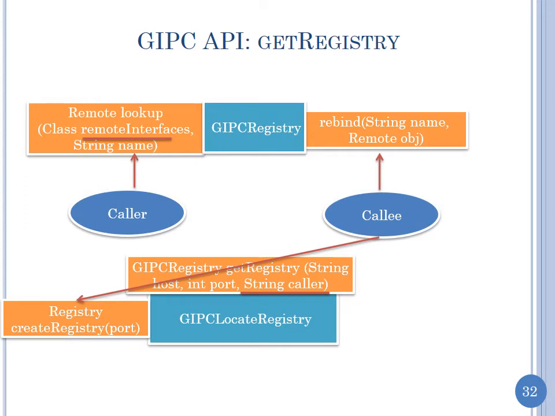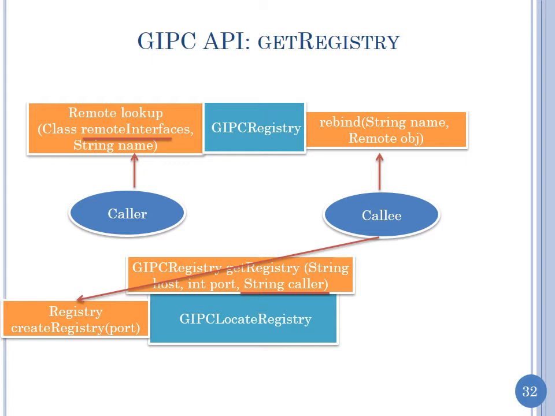So you guys have been using RMI registry, of course, as a part of RMI. And I mentioned last time that GIPC registry is a lot like RMI registry, and GIPC is a lot like RMI with a few differences. And we talked about those differences last time. But one difference that was confusing, UG came to me after class and asked me this question, and I can see why he was confused because of the way things are named.